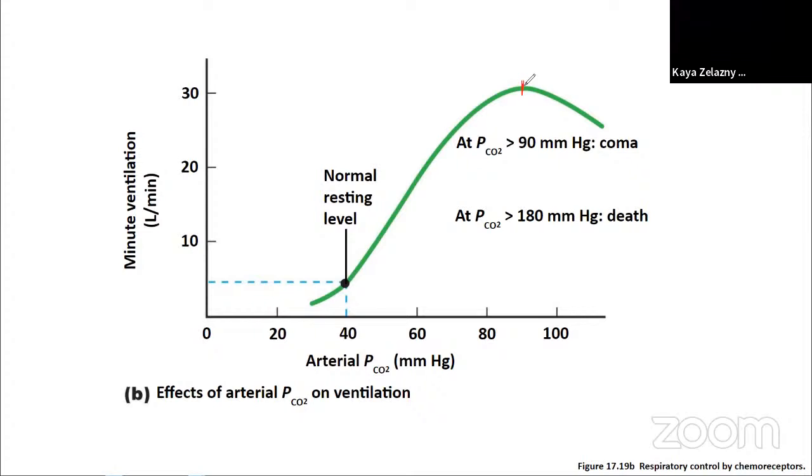Being in a coma messes up your respiration rate, so that's why we start to see this decrease in minute ventilation. You can survive a partial pressure of carbon dioxide of 90. If you get above about 180, that causes death. So carbon dioxide can get so high that you die. You would notice before you get there, though.